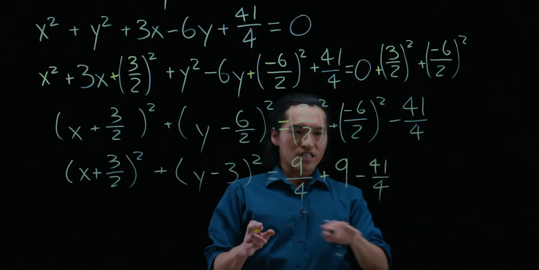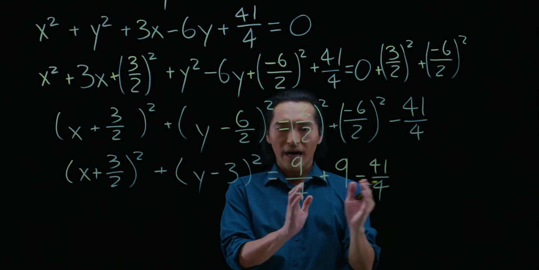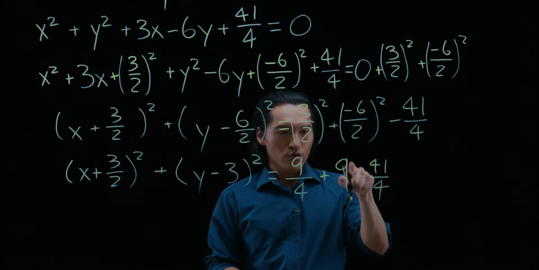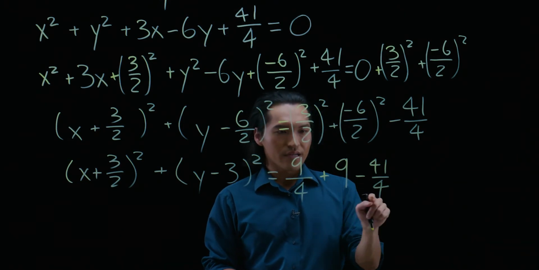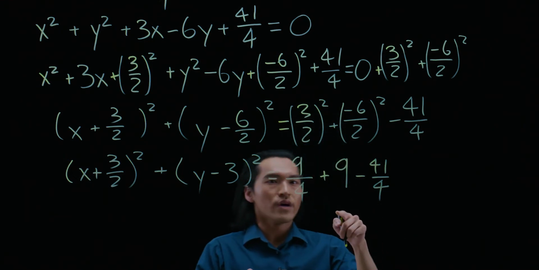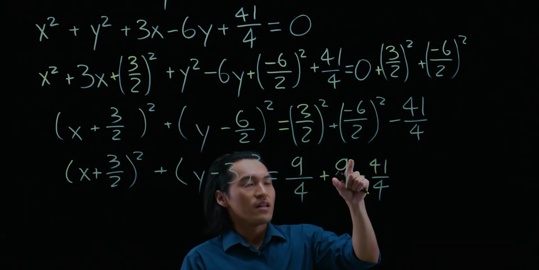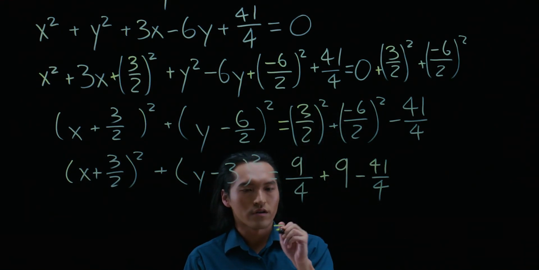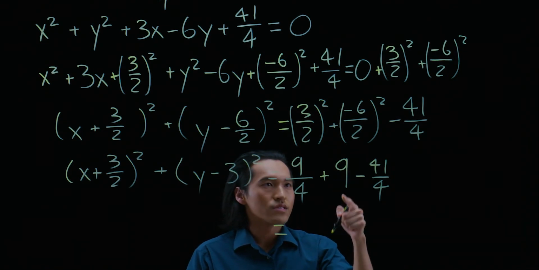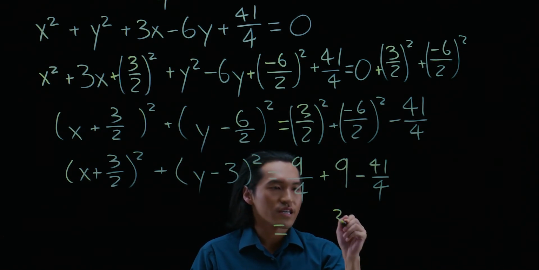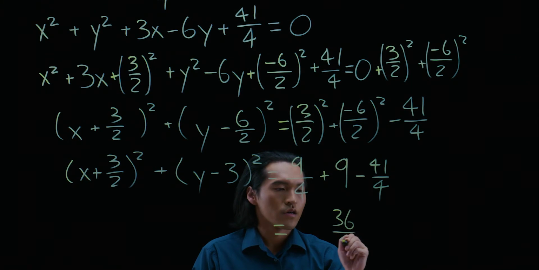Cool. And now we can simplify this even more by combining these together. In order to add them, we need a common denominator with the 9. So what we could do is multiply the 9 by 4 over 4. Then that becomes 9 times 4, that's 36 over 4.